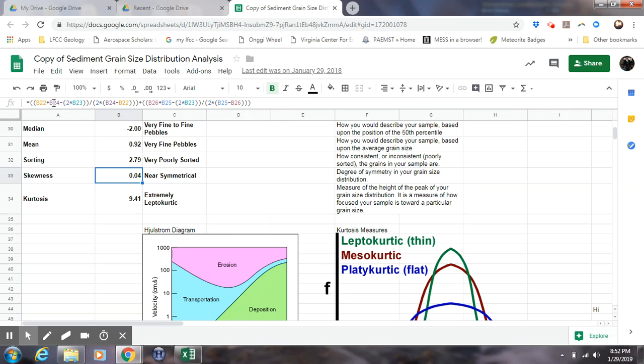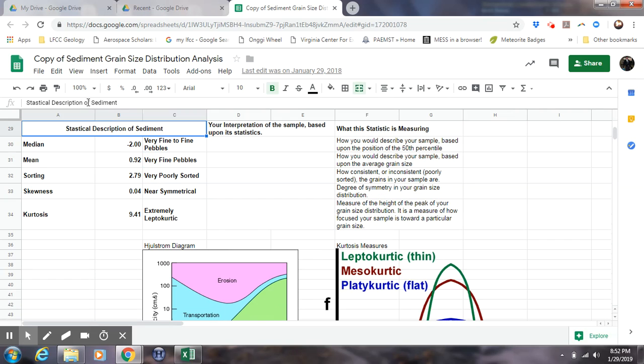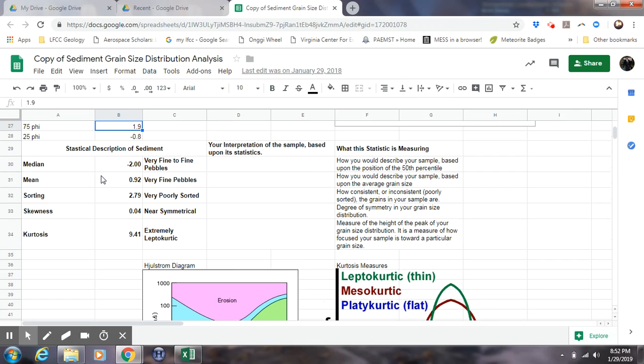And all I've done is put the equation in there, and I've referenced the various cells that I need so that I don't have to keep going over and doing that over and over again. You'll see I've done that for every single one of the equations. There's one additional one I think I have in here, and that's sorting. You have skewness and kurtosis, but you don't have sorting. You could stare at this for a little while and see what I've done and figure it out, but it's not critical at this point.